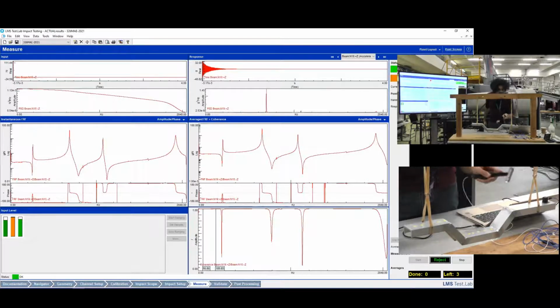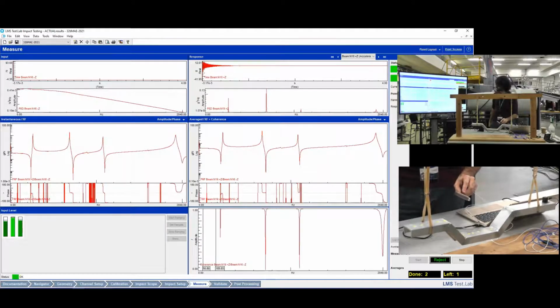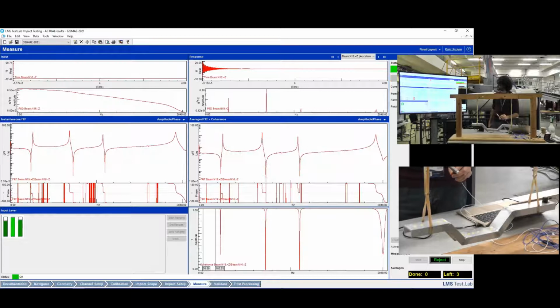Point 16. Okay, all looks nice. Another thing I wanted to show you is that these frequency response functions, as you can see, have amplitude and phase. So this is a complex number.